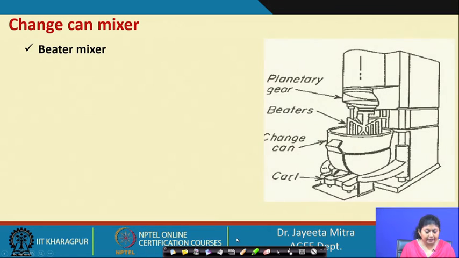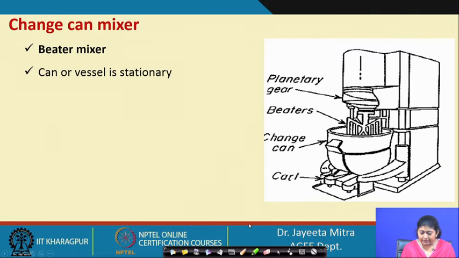In that category another is the beater mixture. In the beater mixture there is a can or vessel which is stationary, and the agitator has a planetary motion.